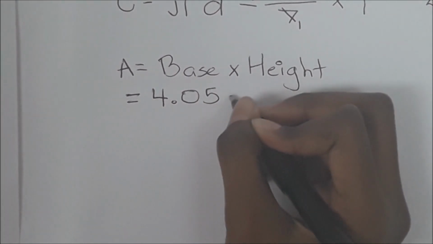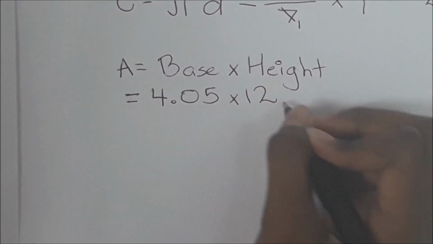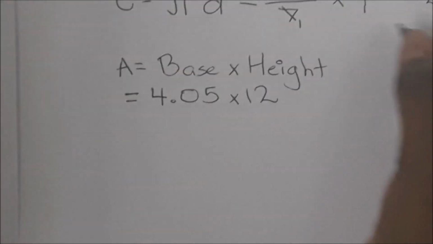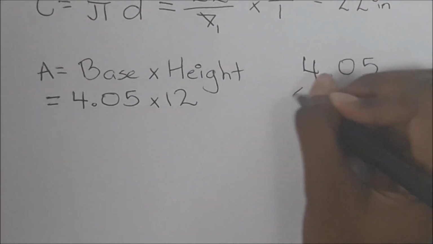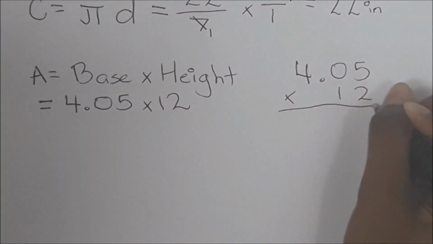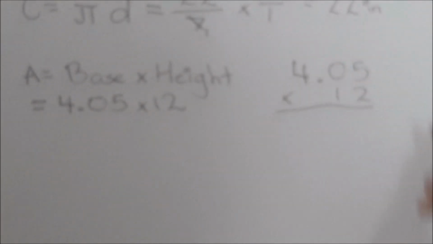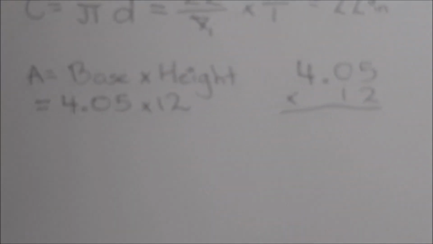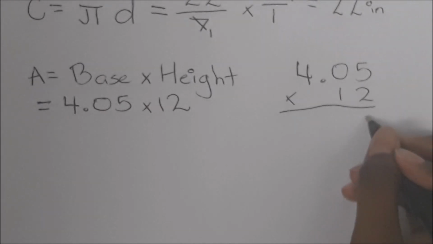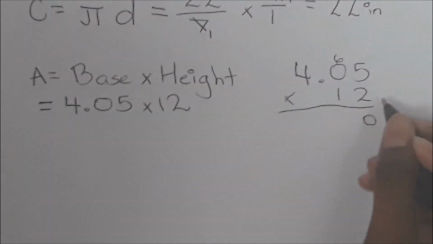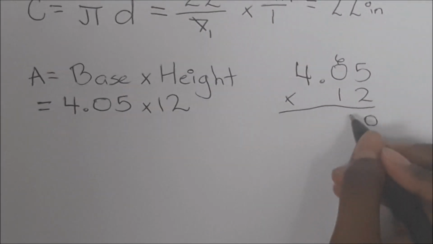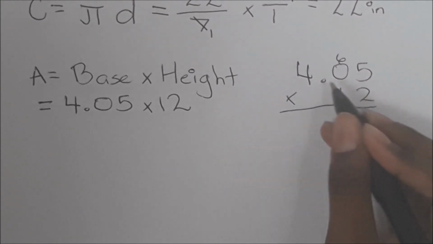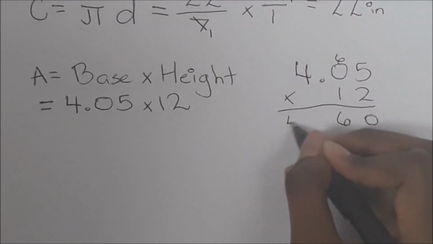4.05 times 12. Do the rough work at the back. Work it for me. Multiply by 12. 12 times 5, so put down the 0 and put the 6. 12 times 0 is 0, plus 6 is 6. 12 fours, 48. Put the 48.